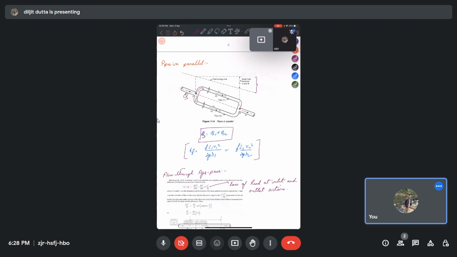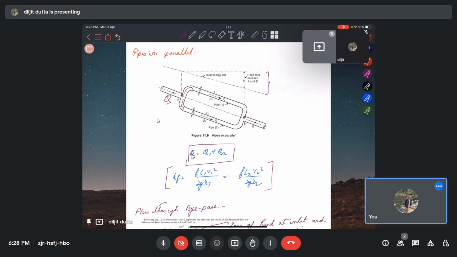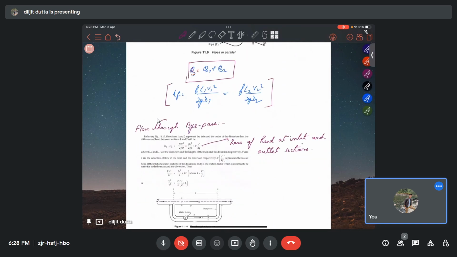Okay, so this is how the head loss varies for pipes connected in parallel.